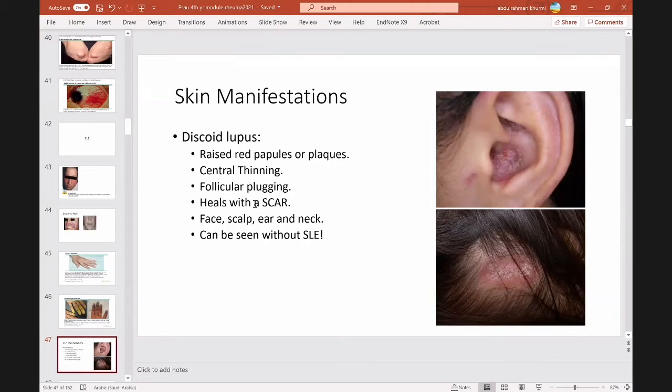And lupus can come complete or incomplete. Is this alopecia, doctor? No, this is the discoid lupus we are talking about. Alopecia means no hair.